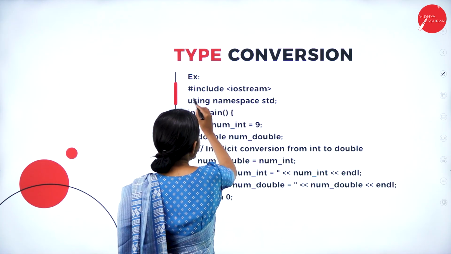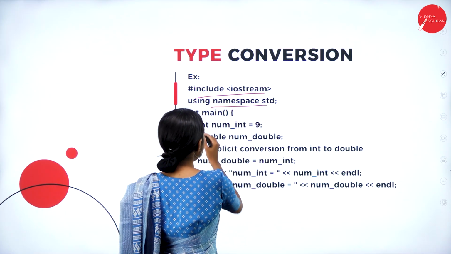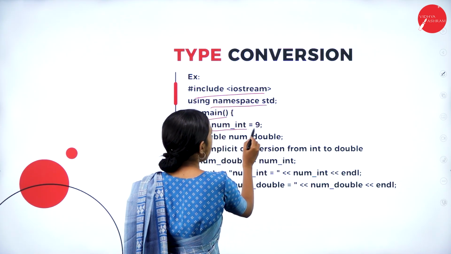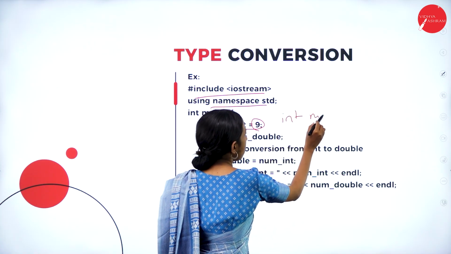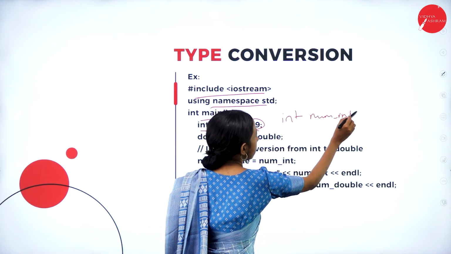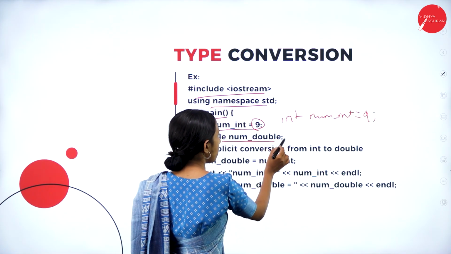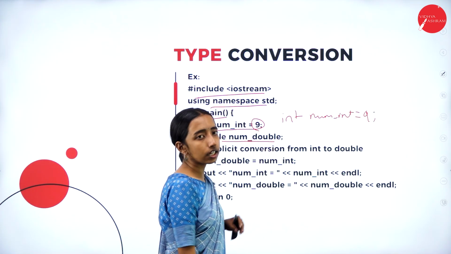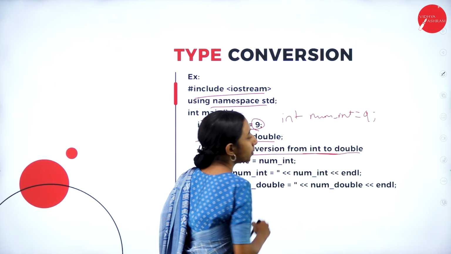Let us see. #include <iostream>, that is the header file, using namespace std, int main, int num_int equals 9. I am taking num_int of the integer type and I am assigning the value 9. Then double num_double, implicit conversion from int to double.